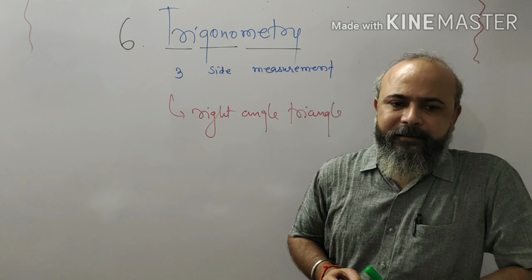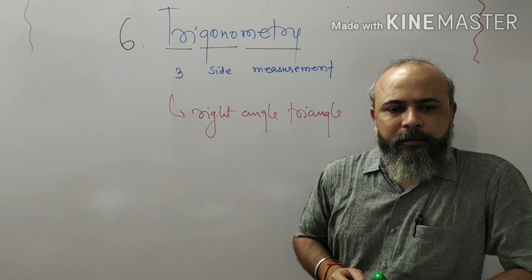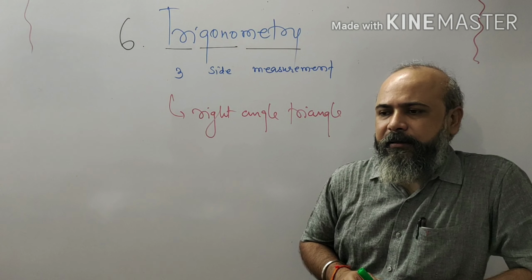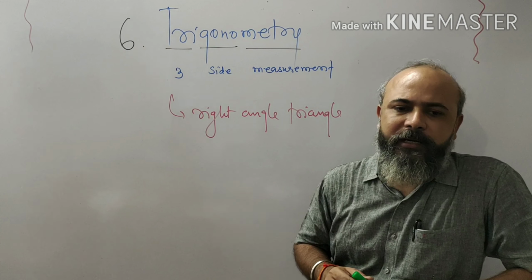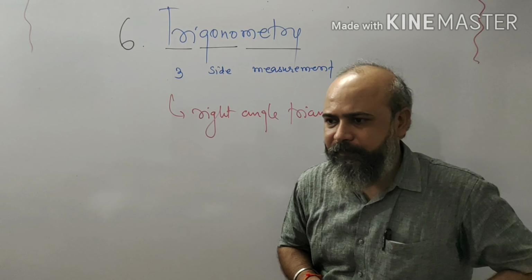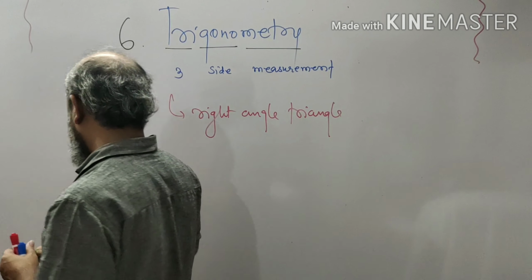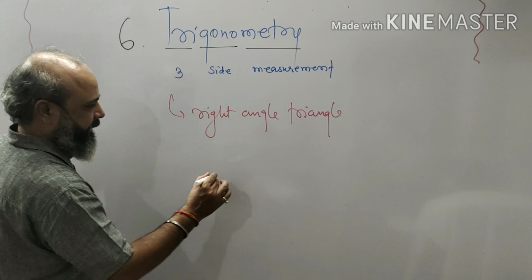What do you mean by a right angle triangle? If one angle in a triangle is 90 degrees, then we say the given triangle is a right angle triangle.